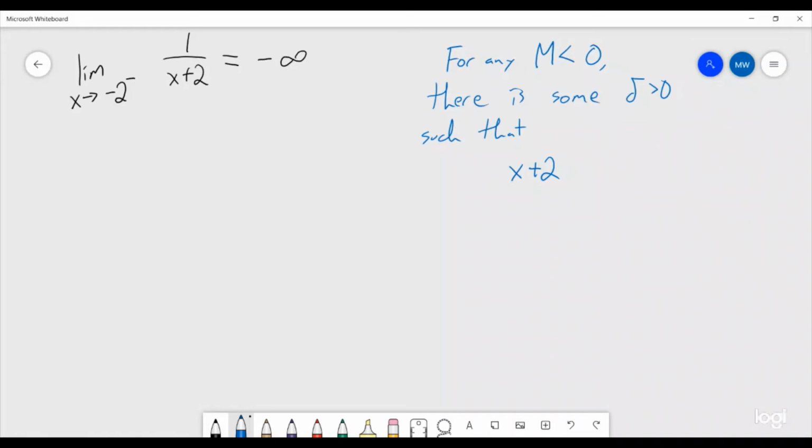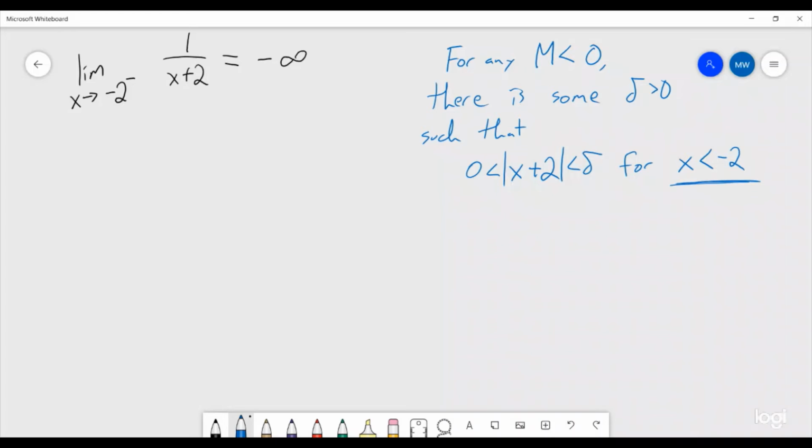Since we are only approaching from the left, we only care about the numbers smaller than it. So we have 0 less than delta for x less than negative 2. The reason we have this less than is because we are approaching from the left.